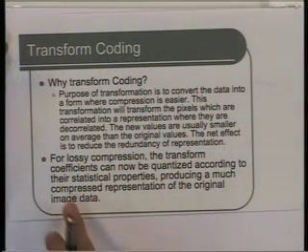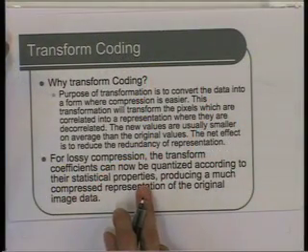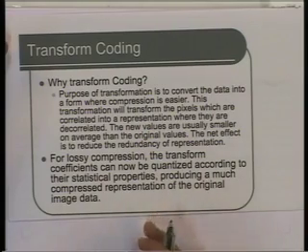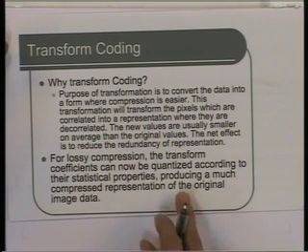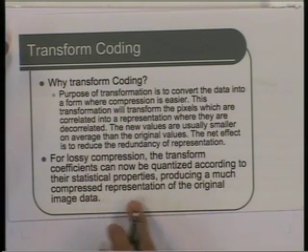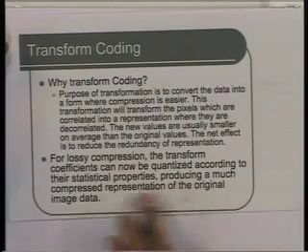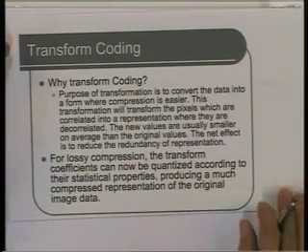And usually transform coding is used for lossy compression, where the transform coefficients can now be quantized according to the statistical properties which differ from coefficient to coefficient, and in effect producing a much compressed representation of the original image data.